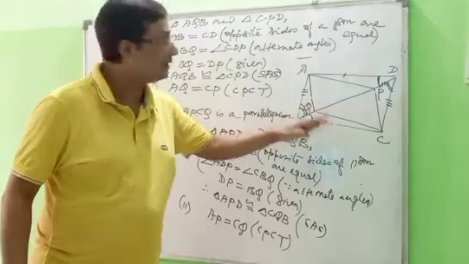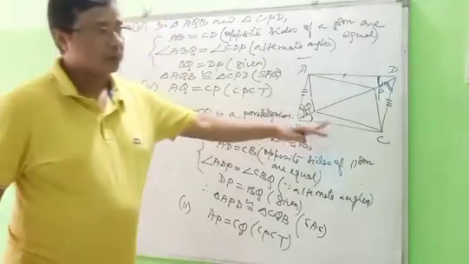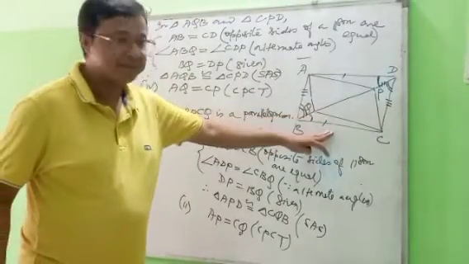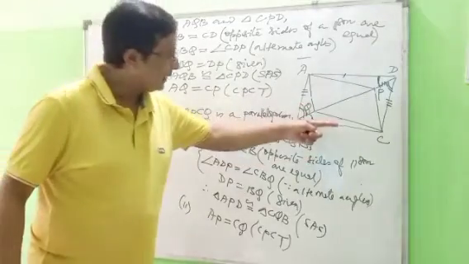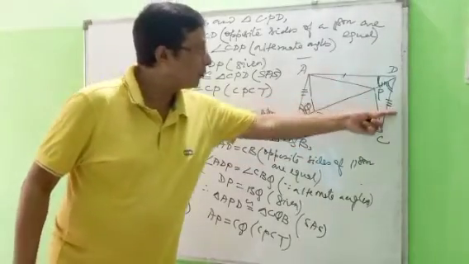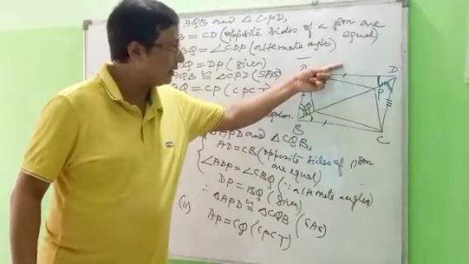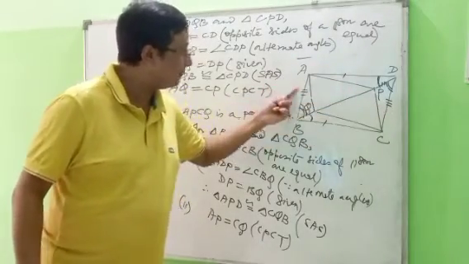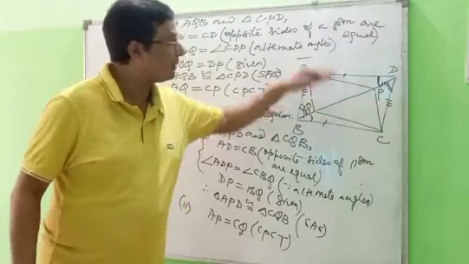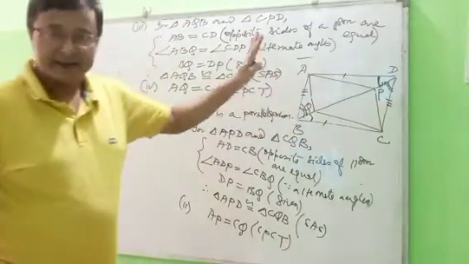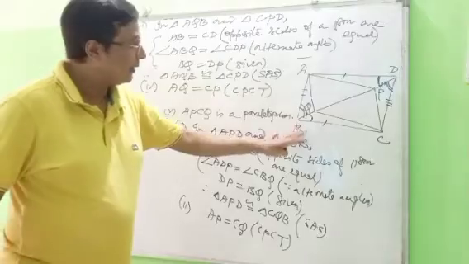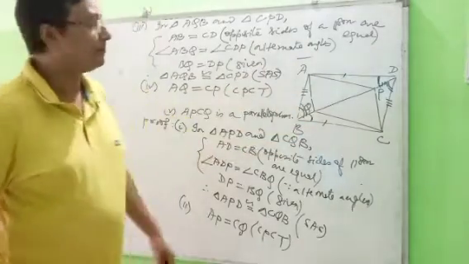In that case, the quadrilateral will be a parallelogram. Next, if both pairs of opposite sides are equal, that is BC equals AD and CD equals AB, then also the figure becomes a parallelogram.